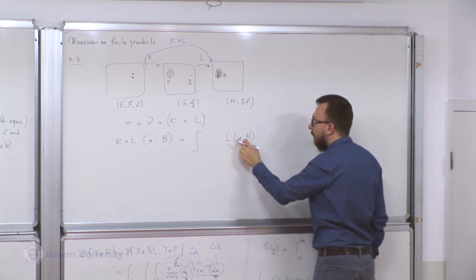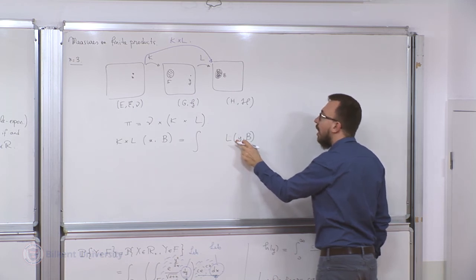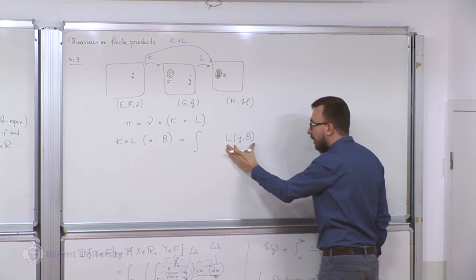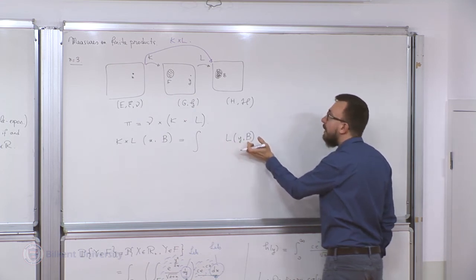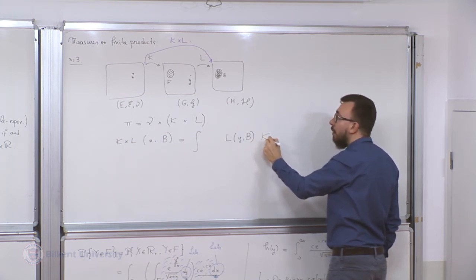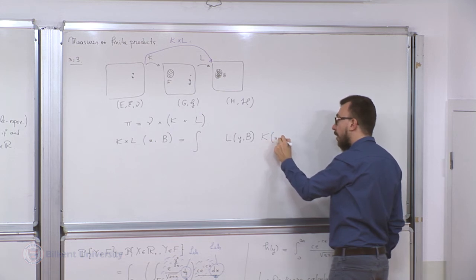So if this is your position in the 2nd space, this is going to be the probability or the measure that you're going to end up at set B in the 3rd space. What we have to do is to integrate this over all possibilities for y.